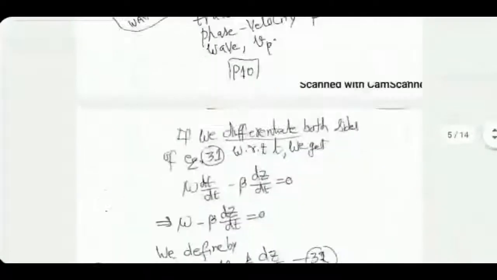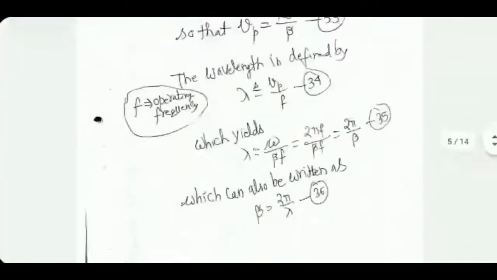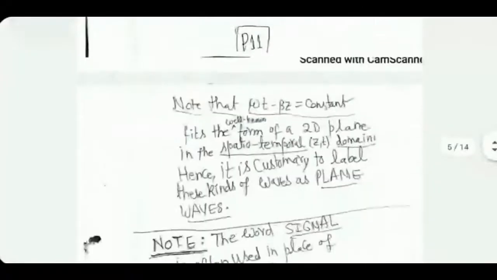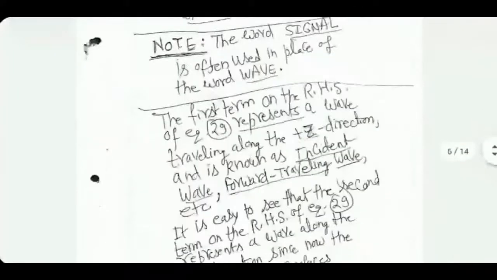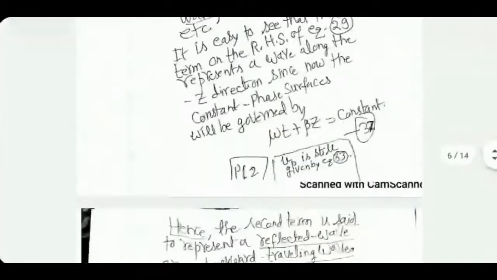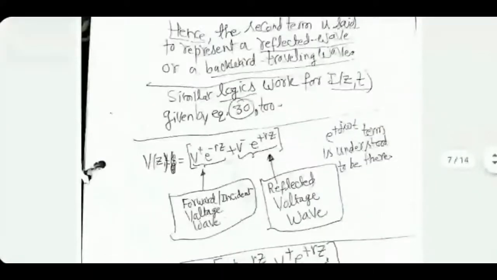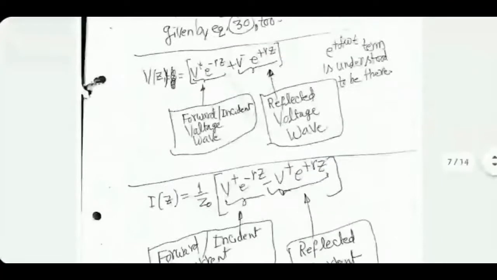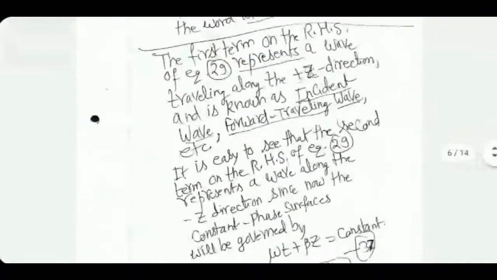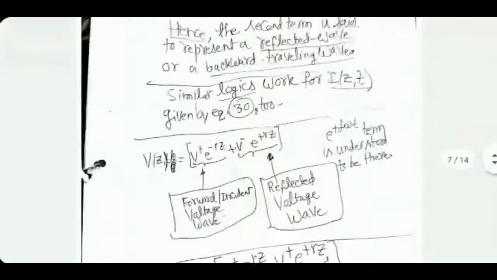This is extendable to current also. There also you can define reflected wave and incident wave in a similar manner. Phase velocity turns out to have the same value here also. In fact, even things like lambda are the same for both voltage wave and current wave.